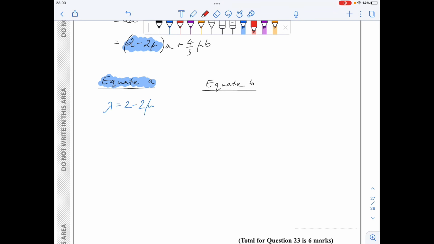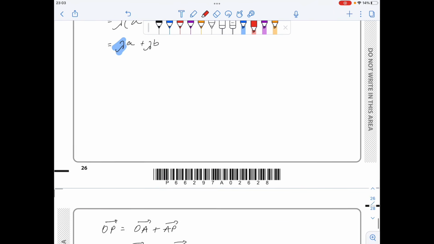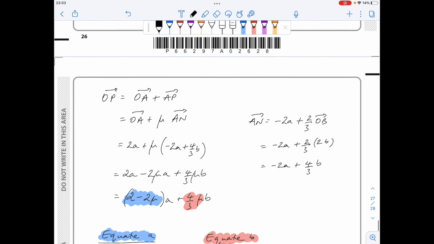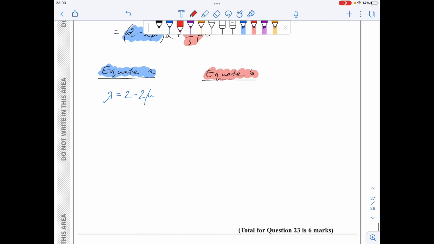And then for the coefficients of B, I've got the 4 over 3 nu from the second one, and from the first one I have lambda. So let's write this down as well, this time in red. So lambda equals 4 over 3 nu. So now I will solve these two equations simultaneously.